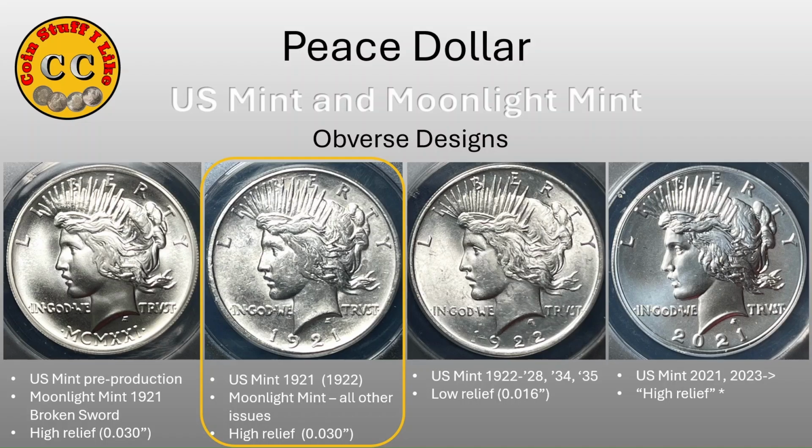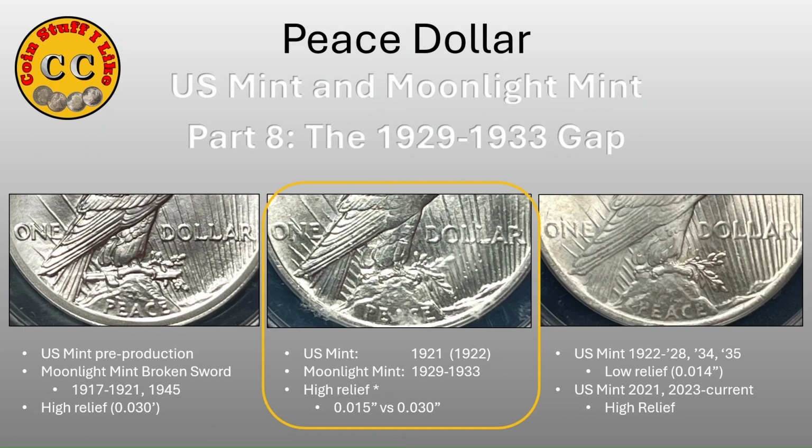And now the Mint is producing high relief peace dollars once again, but I'm not aware of the actual measurement of that relief, but they call it high relief, of course. So all of these 5 fantasy pieces will mimic this particular obverse, and then the reverse also mimics the 1921 reverse, which was high relief.